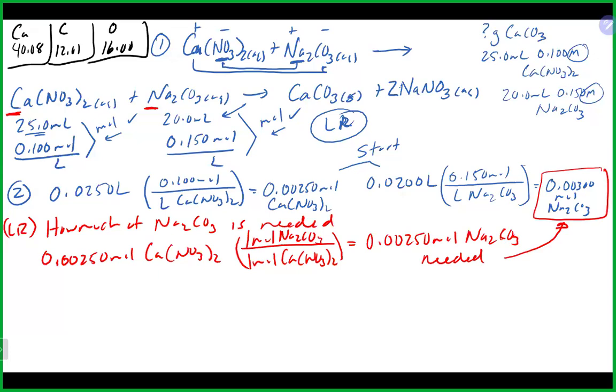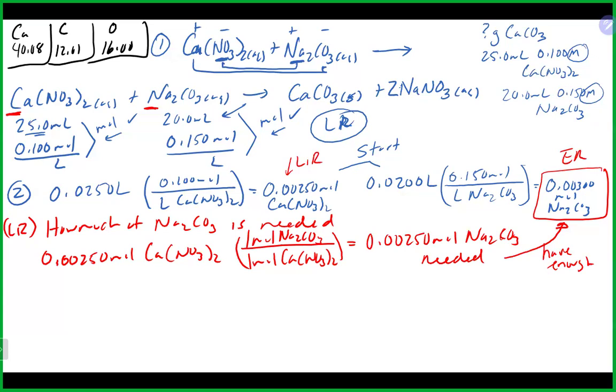And in this case, we had 0.003 and we only need 0.0025. So we do have enough. And that means that this one is my excess reagent, and by default the other one is my limiting reagent.